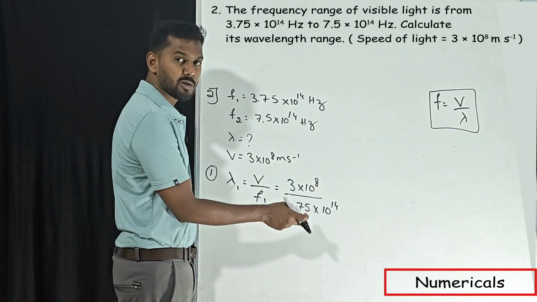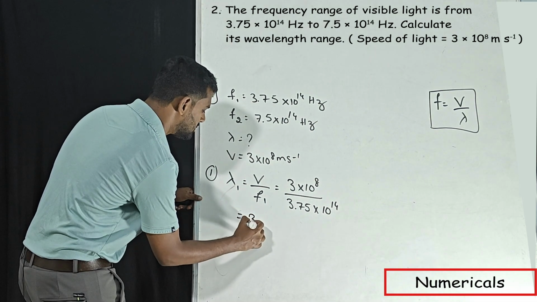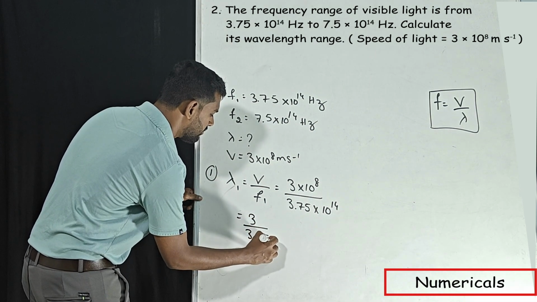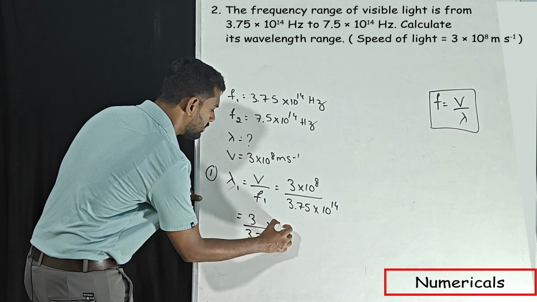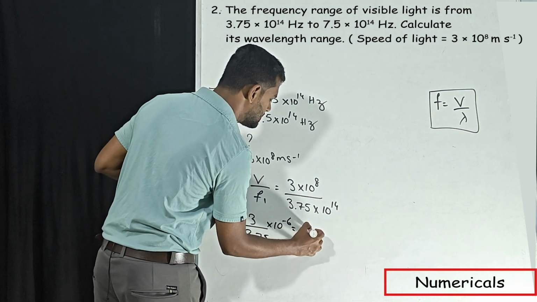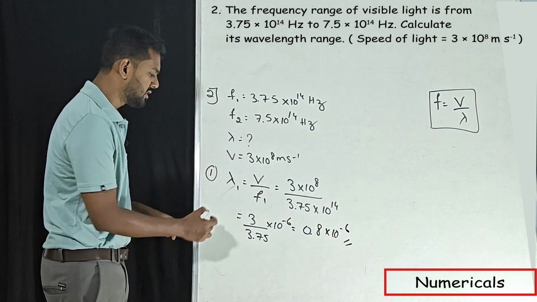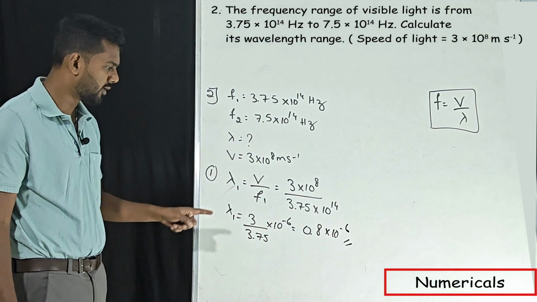So 10 power 8 and 10 power minus 14 give 3 by 3.75 into 10 power minus 6. 3 by 3.75 is 0.8 into 10 power minus 6. This is lambda 1.